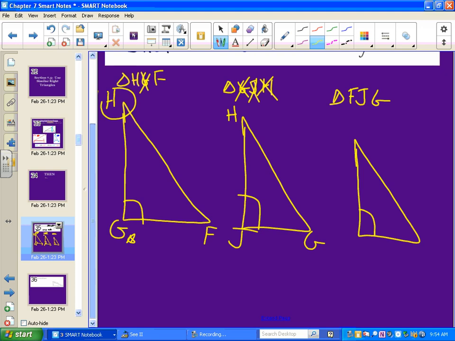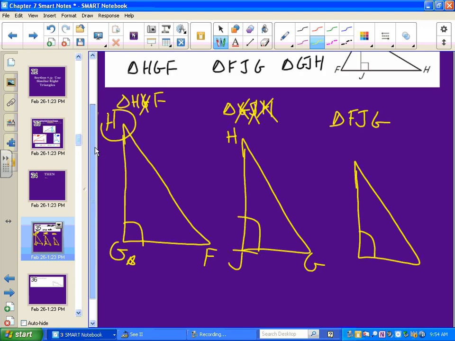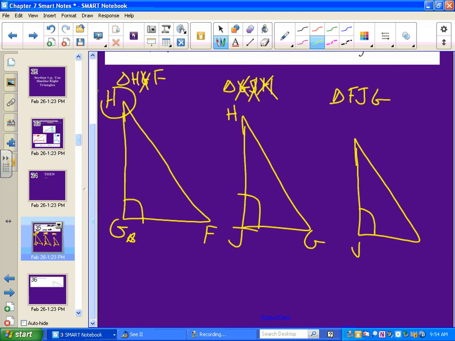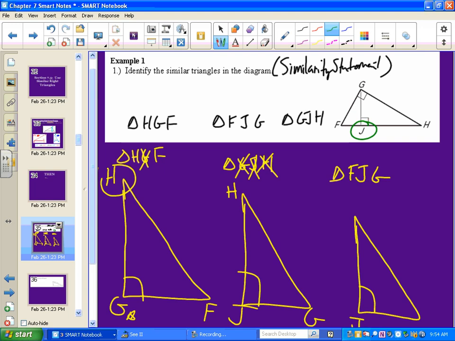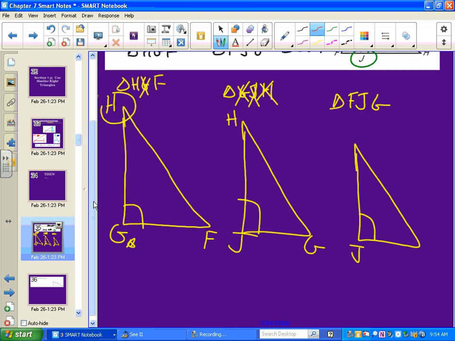Going over to FJG. J, once again, is the right angle, and I get that from the picture where J is the right angle. J is placed. Now I need to place F and G. I look back at the original picture I drew on the left.